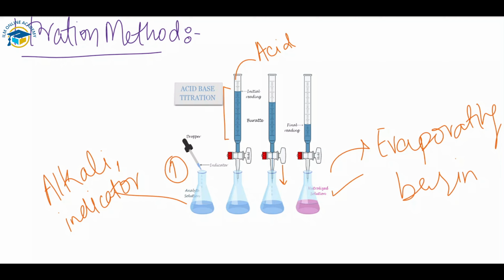A piece of glass apparatus that is used for delivering a variable volume of liquid accurately is the burette that we are using in this method of titration. And the end point, you can see here the pink one that is formed just because of the addition of the indicator, is the point in a titration when the indicator just changes color, showing that the reaction is complete. So there are some steps which I already told you about this titration method.